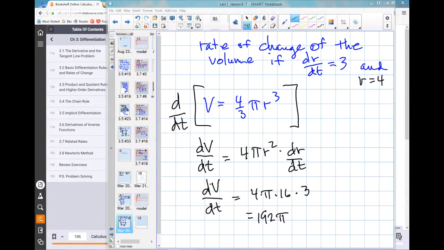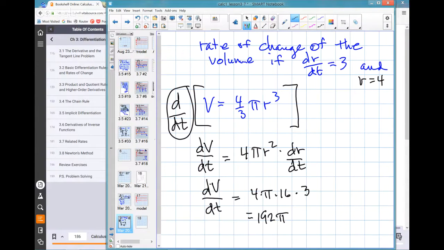The next step, once you've got that relationship in your variable set, then you differentiate the whole thing with respect to time, because related rates always deal with time. So notice the notation, derivative with respect to time, out here on the far left.